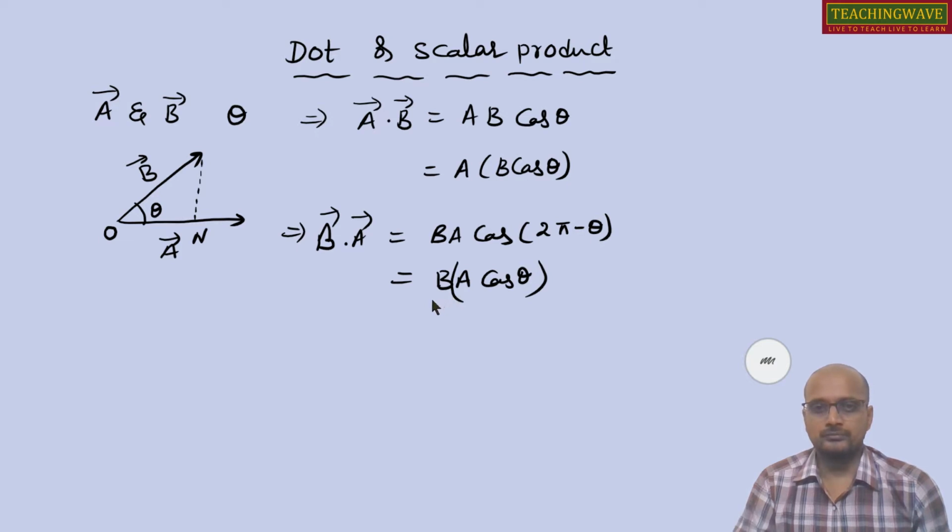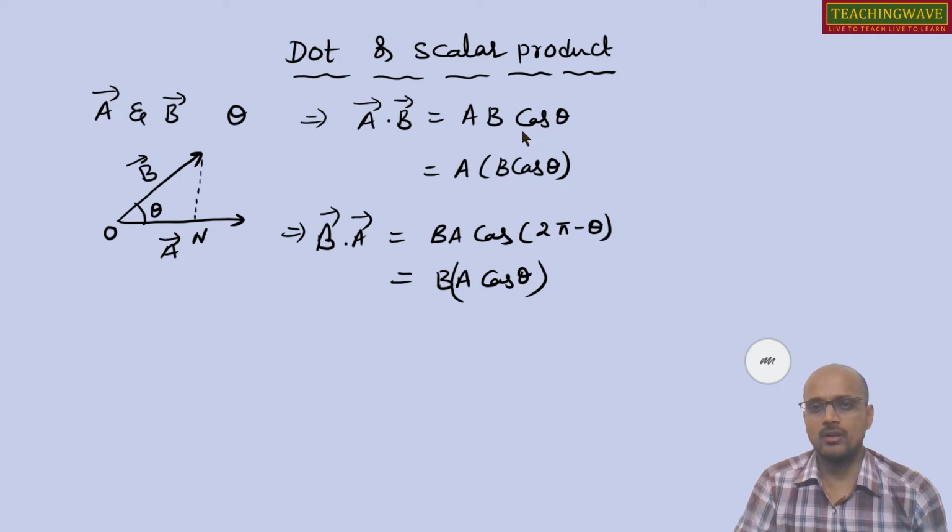So a bar dot b bar or b bar dot a bar gives a scalar quantity, because a and b are magnitudes, purely scalar numbers, and the cos value is also a number. So the output is a purely scalar value.